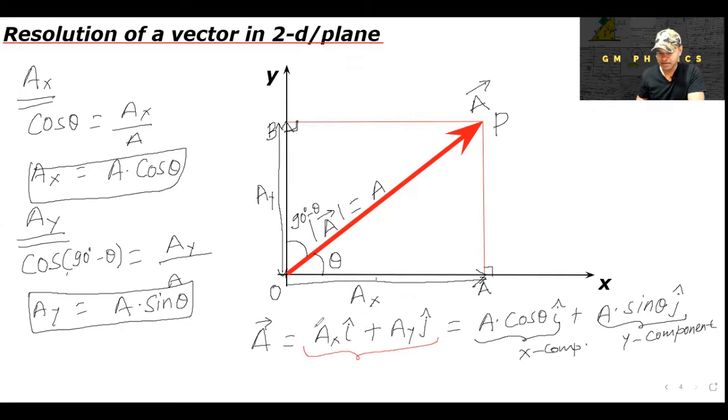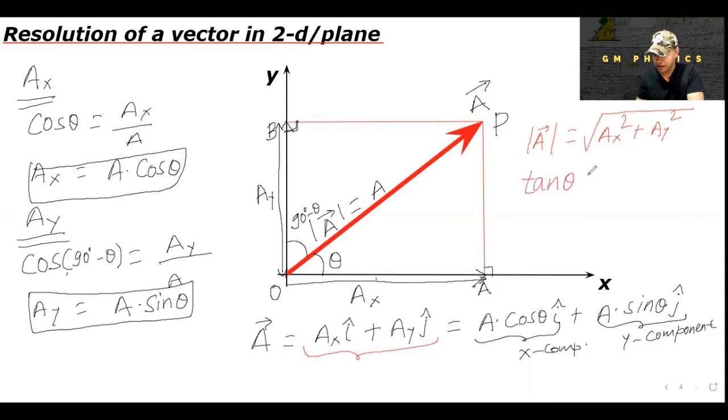If you remember, this is the x component AX, and this is the y component AY. If a vector is given in rectangular coordinate form representation, we know how to calculate the magnitude. The magnitude of A vector is equal to root of AX square plus AY square. Square of the components, root of that. That is the magnitude, and theta can be calculated as tan theta.